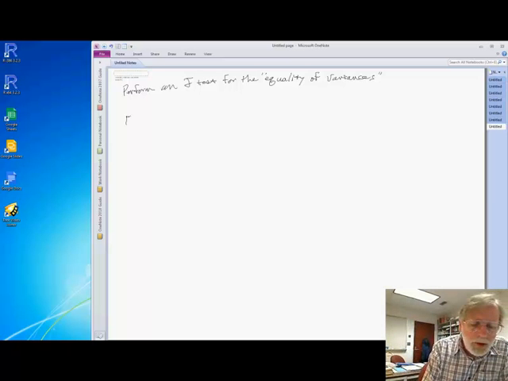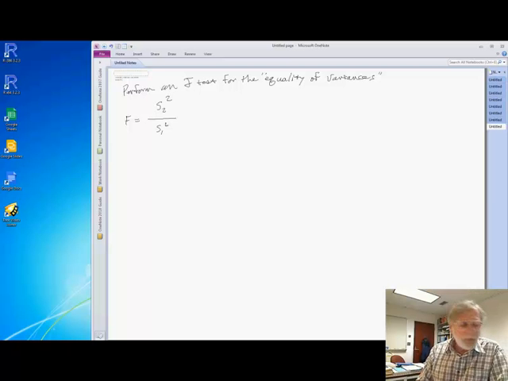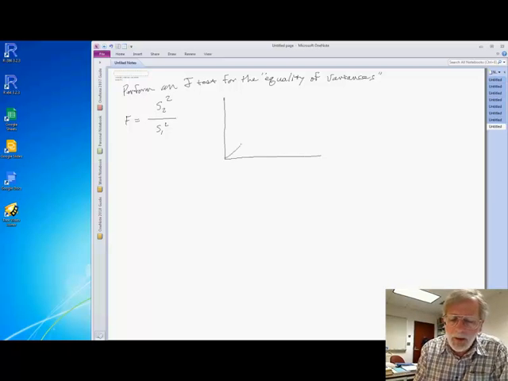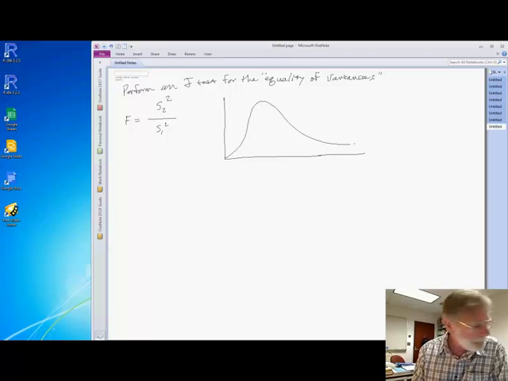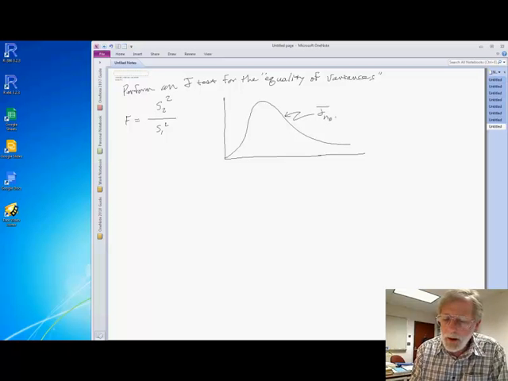And what we're going to do is we're going to form a test statistic by taking the ratio of S2 squared divided by S1 squared. And we're going to find a p-value off of the F distribution. So this is the Fisher's F distribution with n naught minus I minus 1 and k plus I minus 1 degrees of freedom.